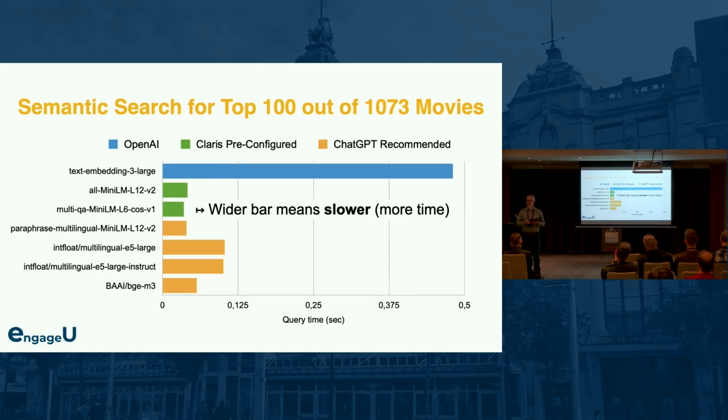Then I measured the searches, and you can imagine that you only do embeddings once, but the searches you run many times. So it's more important how fast the searches are than how fast the embeddings are. And in this case, all the offline models were kind of similar, but searching using OpenAI was much slower.